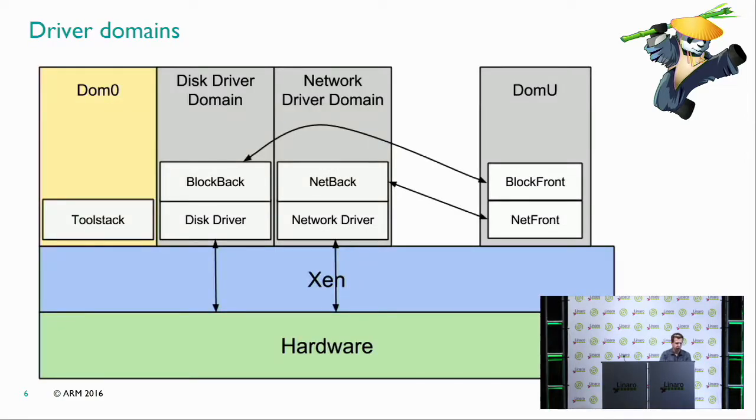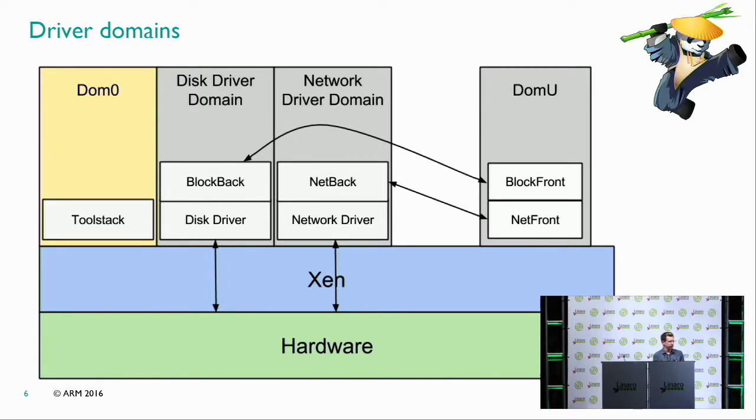In the case of driver domain, what I mentioned on the first slide is that with PV drivers, DOM0 is the main guest. So if DOM0 is crashing, everything is crashing. If you want a bit more isolation, you may want to use a driver domain. The idea is to have a specific domain for a specific driver, like a specific device, like a disk driver domain.